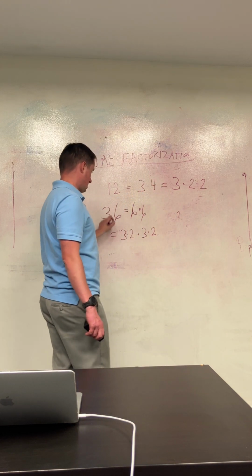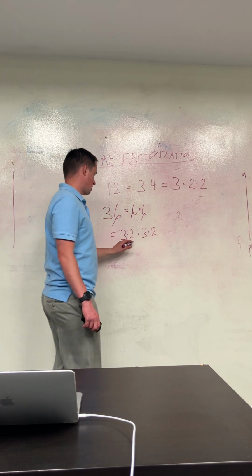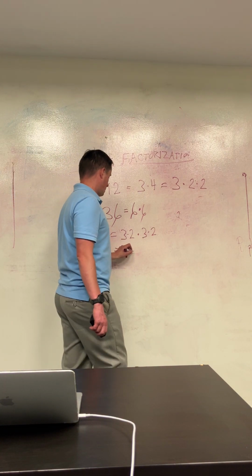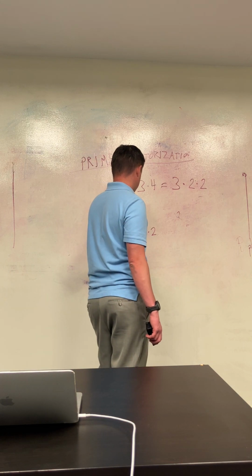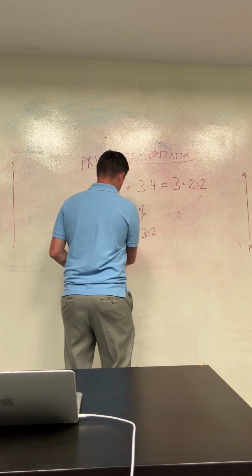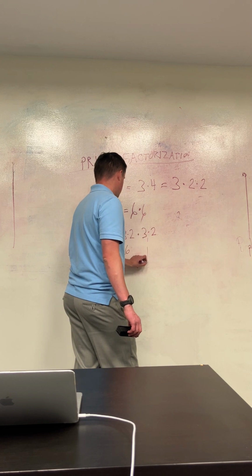So 6 times 3 times 2 is... 6 times 3 is 18, then 18 times 2 equals 36.